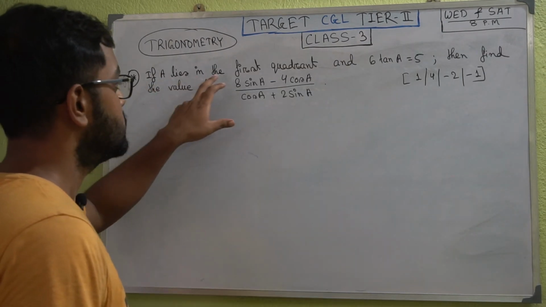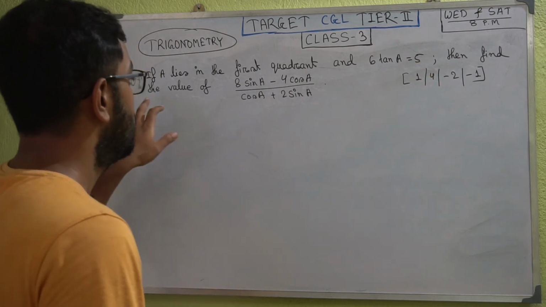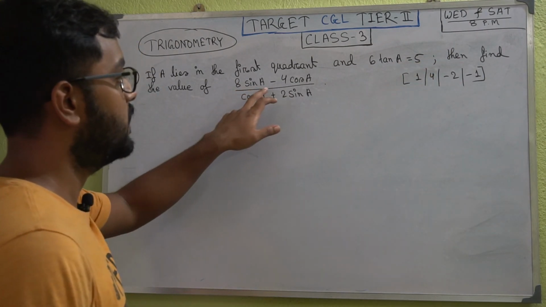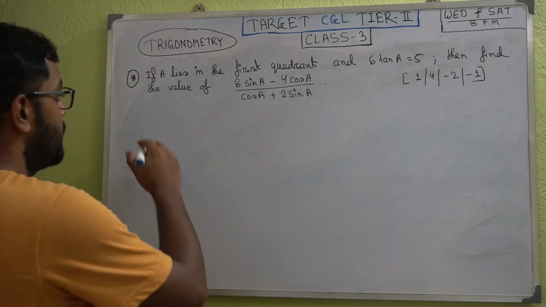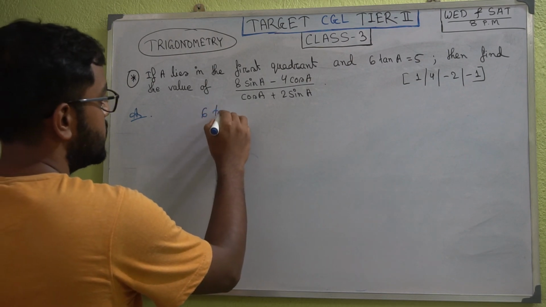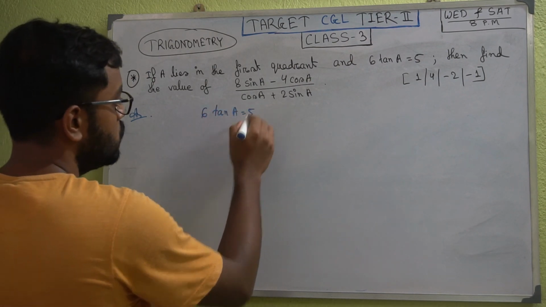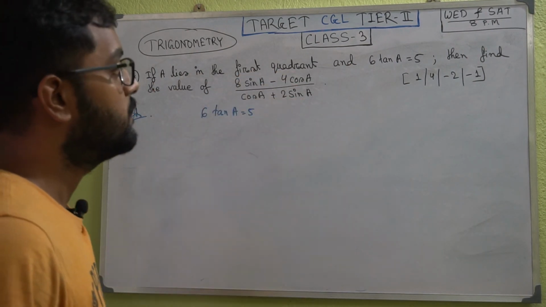If a lies in the first quadrant and 6 tan a equal to 5, then find the value of 8 sin a minus 4 cos a by cos a plus 2 sin a. So here it is given that 6 tan a equal to 5, and it is also given that a lies in the first quadrant.